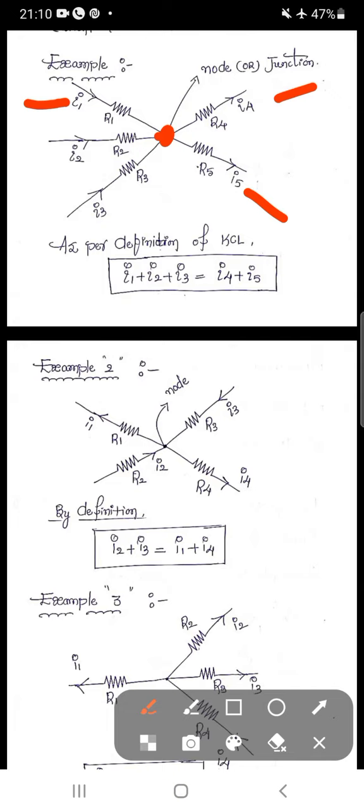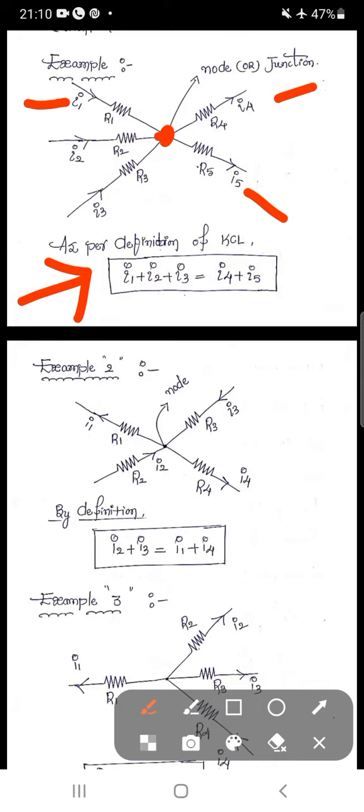So we write the equation of KCL depending upon the incoming and outgoing currents. I1 plus I2 plus I3 are the incoming currents towards the junction, and the sum of incoming currents is equal to I4 plus I5, the outgoing currents.